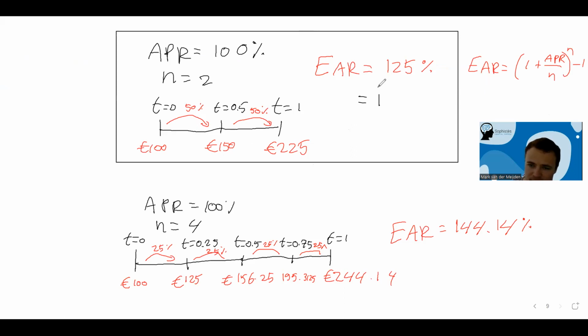So you do 1 plus 100%. And remember, 10% is the same as 0.10, 5% is the same as 0.05, so 100% is the same as 1, right? If you fill this into your calculator, do you get 1.25? Do you get 1.25?